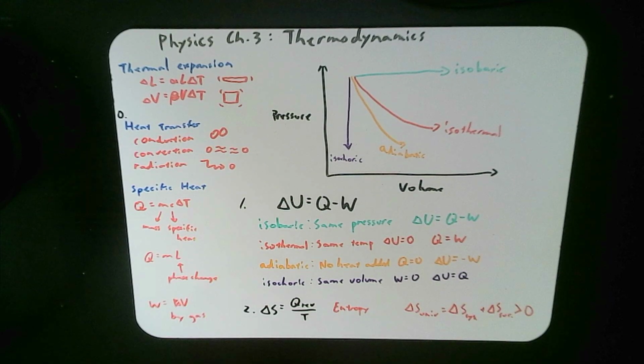Alright, and we have the second law of thermodynamics, which concerns entropy, like the amount of randomness, determined by the reversible heat added divided by the temperature in Kelvin. This states that anything in the universe will always get more random and disordered.